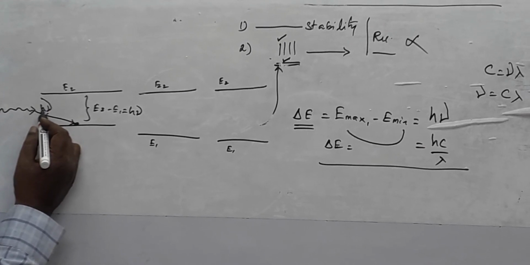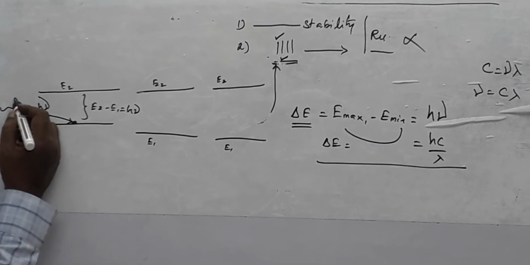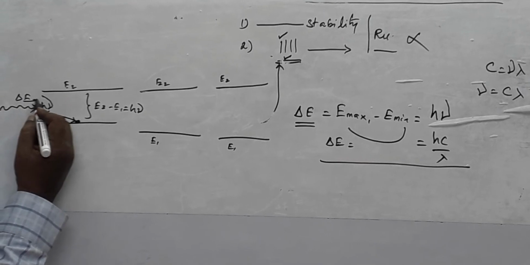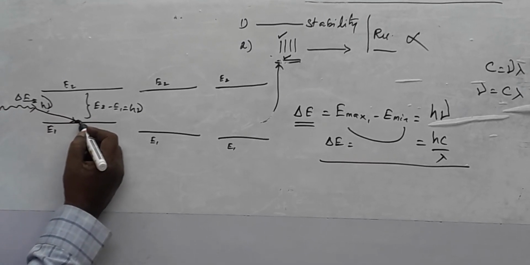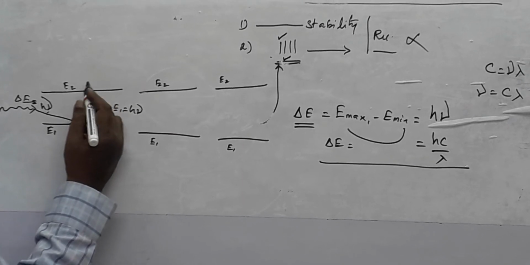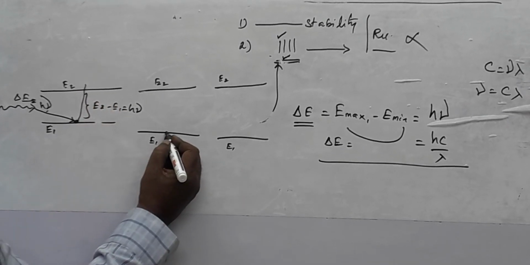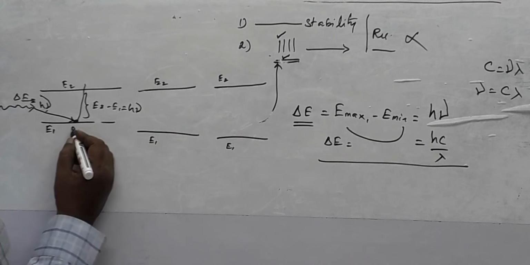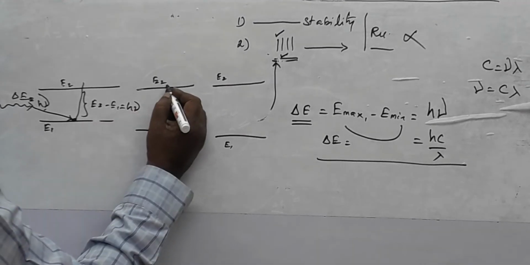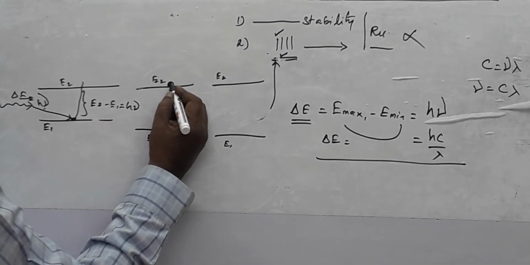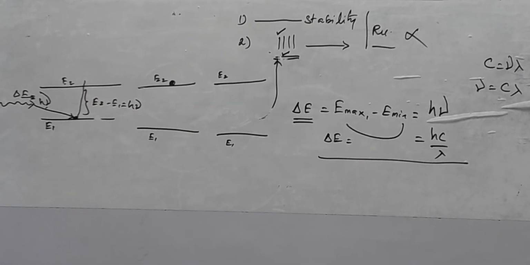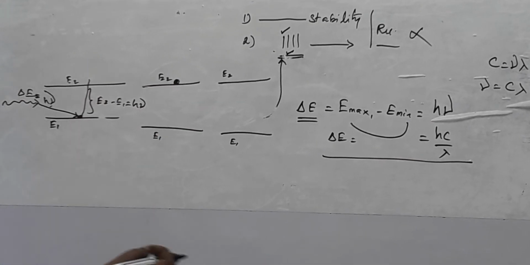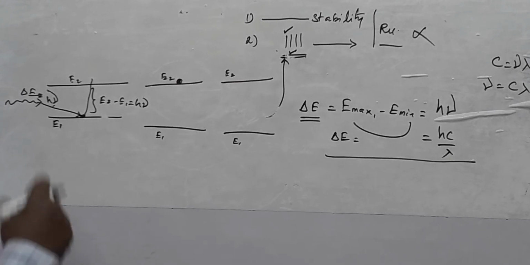On absorbing the h nu energy, that is called delta E, absorbed by this electron, so that it is promoted to the higher energy level, so that the electron is not in the first state but in the second state. It may jump over when it absorbs the energy, or it may emit the energy.